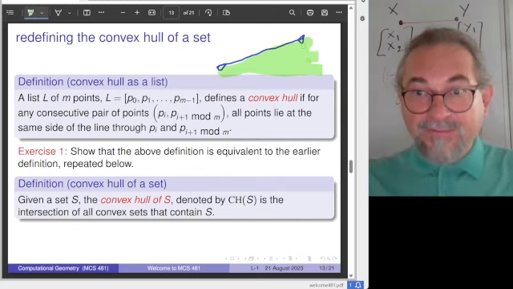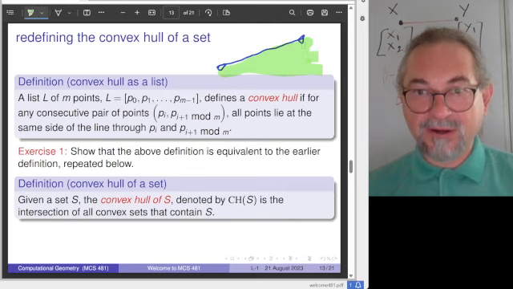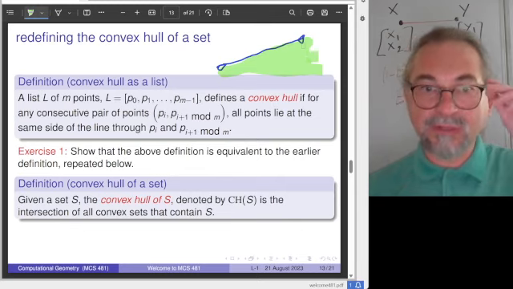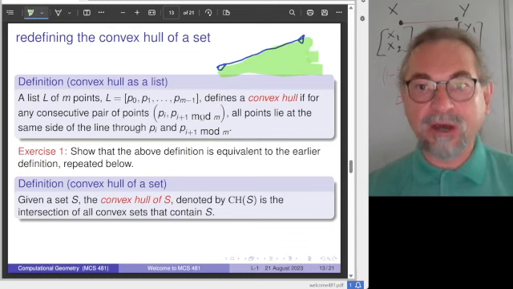If you have many line segments, you have many lines, you have many convex sets that you are intersecting. So the key connection between the definition as a convex hull given by points would be to focus at the intersection of the half planes.